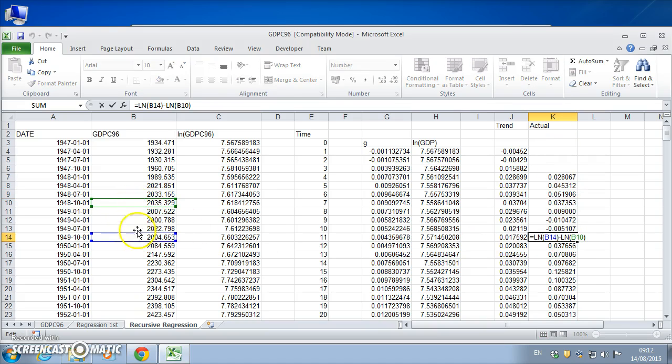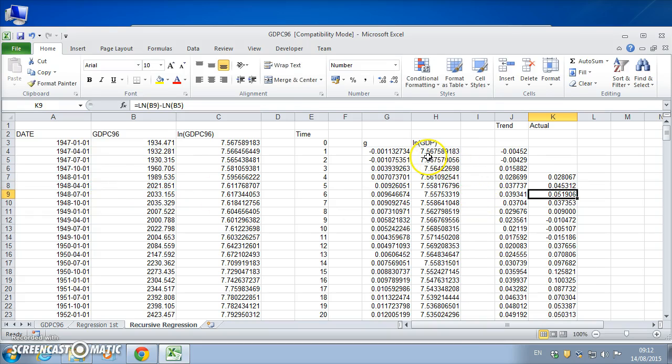whereas the actual, so the trend we've generated has come from a recursive regression, whereas the actual figure in terms of growth of real GDP is rolling, because the cell reference keeps moving in line. For instance here it's first quarter 1947, first quarter 1948, go down a cell, second quarter 1947, second quarter 1948.